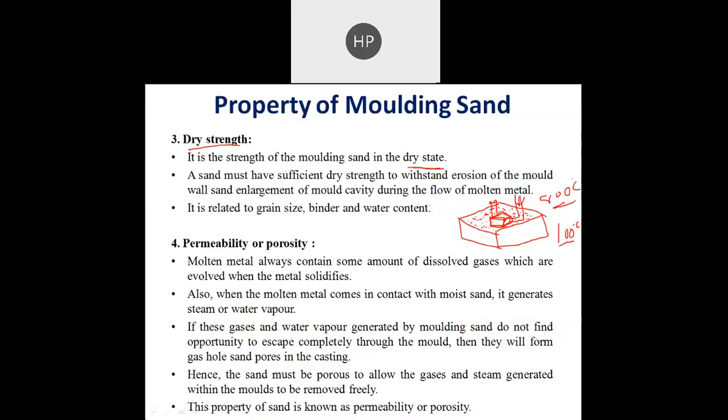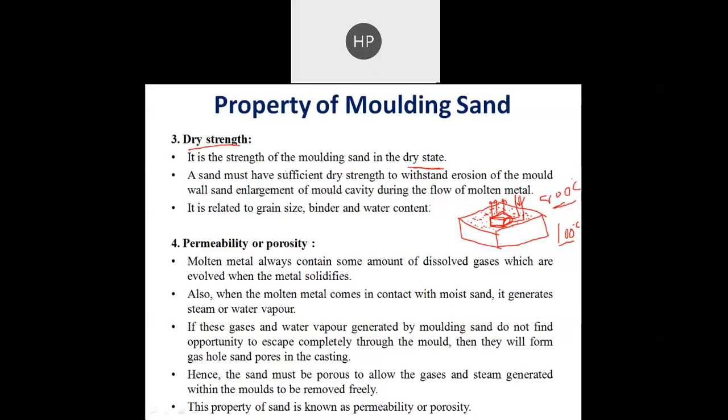So whatever moisture or water content is all around this hollow cavity will be evaporated, so that the sand all around this hollow cavity will become dry, and that dry strength is required.